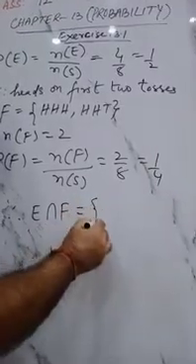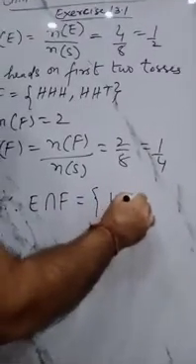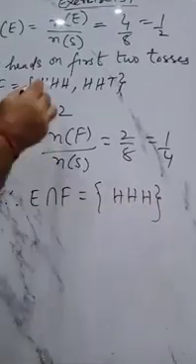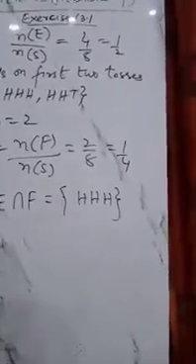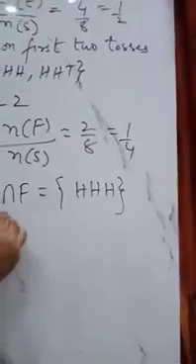Common between E and F, E intersection F, is only HHH. So now what we have to find is n of E intersection F, which is only 1.